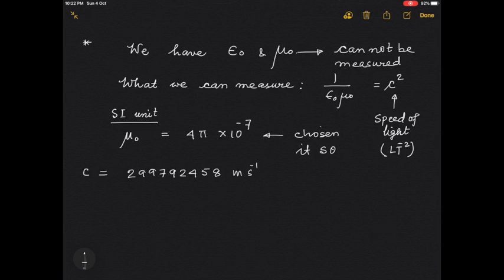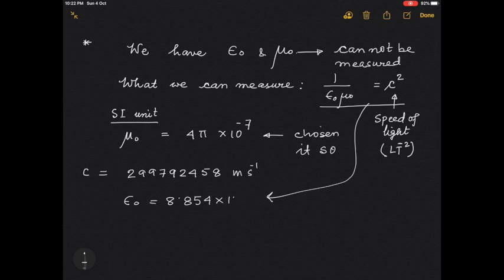If I use this, and epsilon naught mu naught is C to the power minus 2, that gives you a value of epsilon naught, which looks very surprising. But that's just our choice of mu naught.